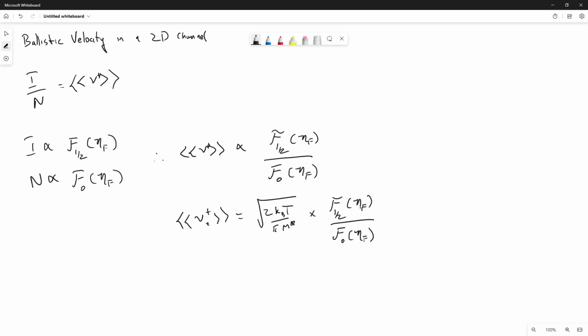Now let us look at some of the properties of this. This average velocity, will it change anywhere in the channel?